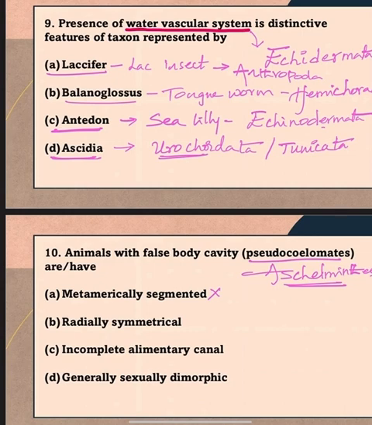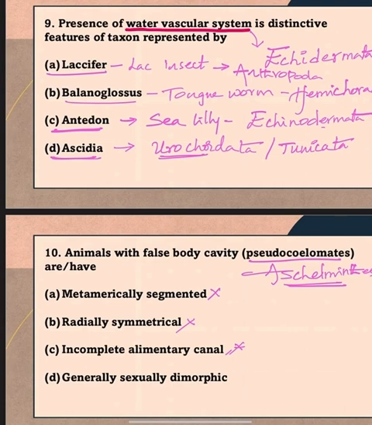Radially symmetrical: Aschelminthes are triploblastic and bilaterally symmetrical, so this is also wrong. Incomplete alimentary canal, which we can also call a blind sac, is found in Platyhelminthes, and also coelenterates and ctenophores. So this is wrong, because Aschelminthes have a complete digestive tract with a well developed muscular pharynx.